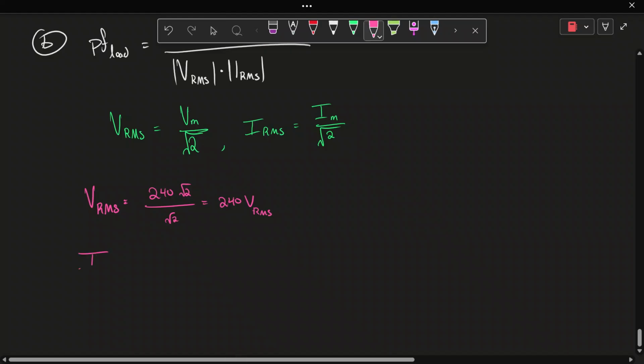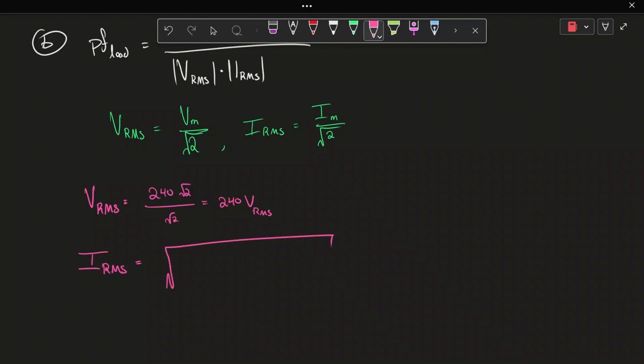Now, IRMS, we're going to have to use another equation here, but this one should come off the tongue pretty well. We're going to take the square root of the sum of all of the terms squared. And remember, this is RMS.